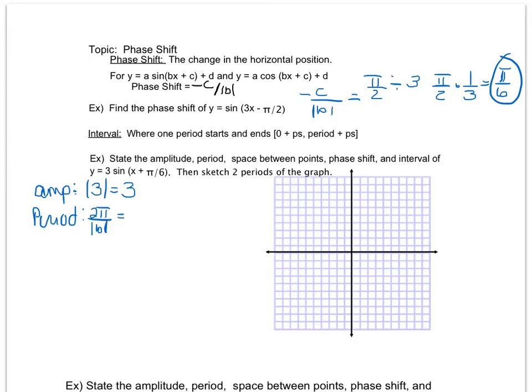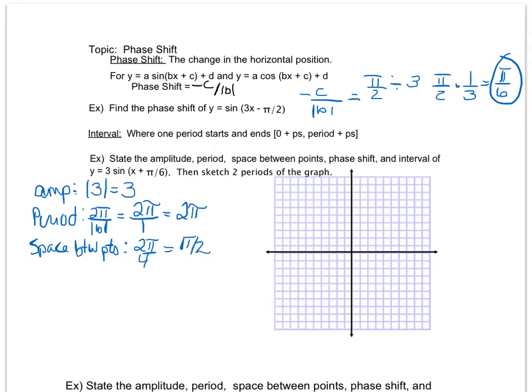Well, I notice that b is always the coefficient of my variable, and since it's just x, my period ends up just being 2 pi. Remember, the space between points is going to be whatever period I find divided by 4, because I'm essentially going to put 4 points to complete one cycle. So 2 pi over 4 is going to give me a distance of pi over 2.